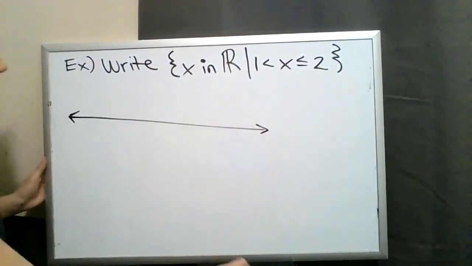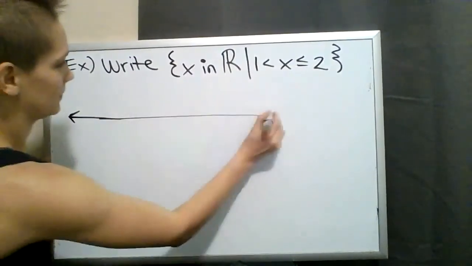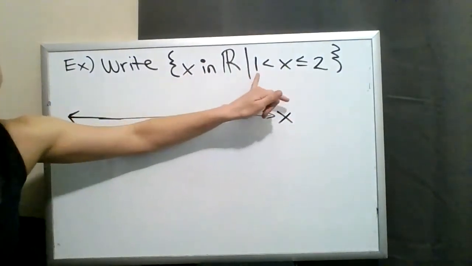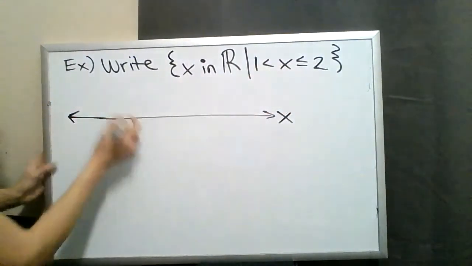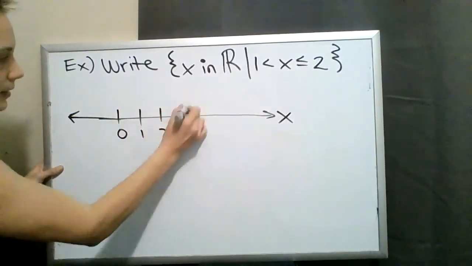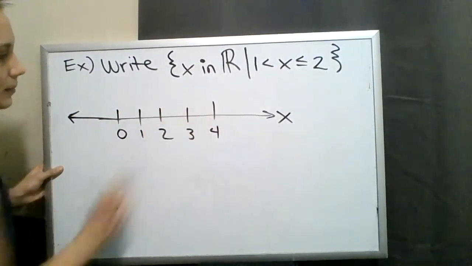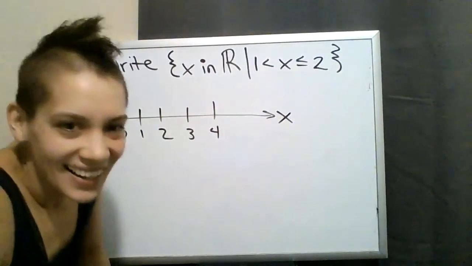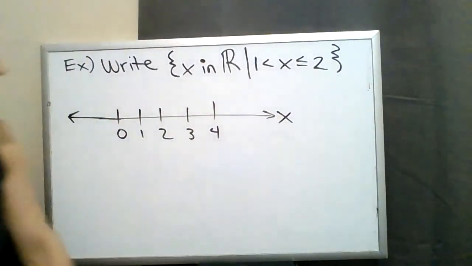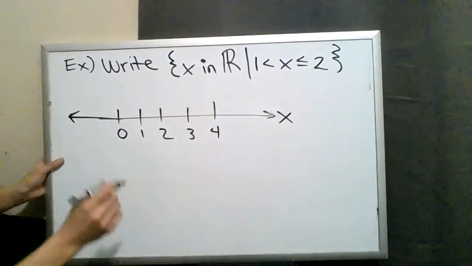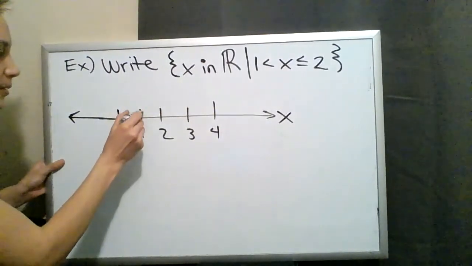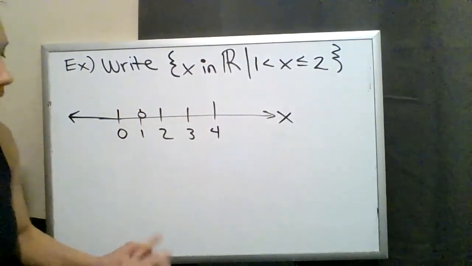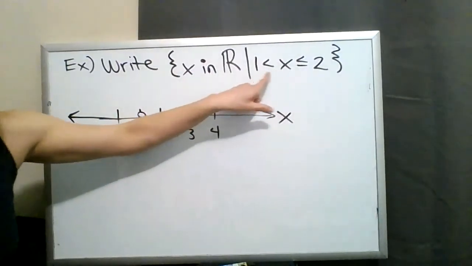Start with a graph. Somewhere on your graph, we need 1 and we need 2, but I'll put a little extra. 1 is not included, so it has an open circle. And you need x to be greater than 1.